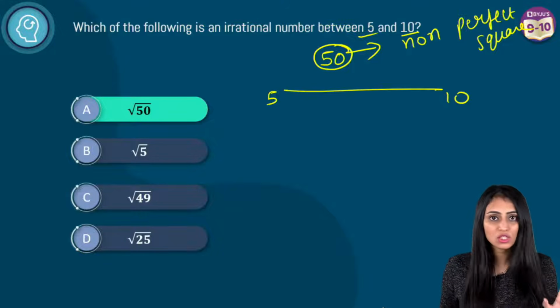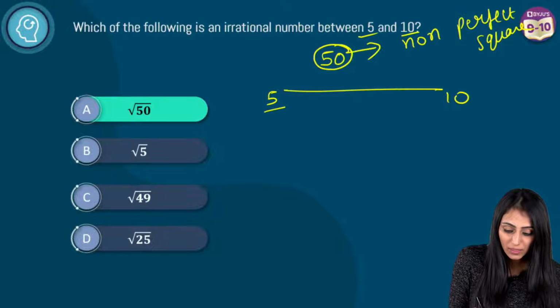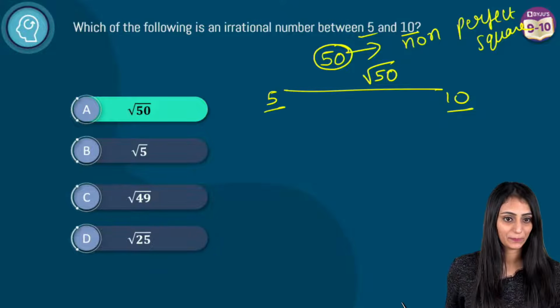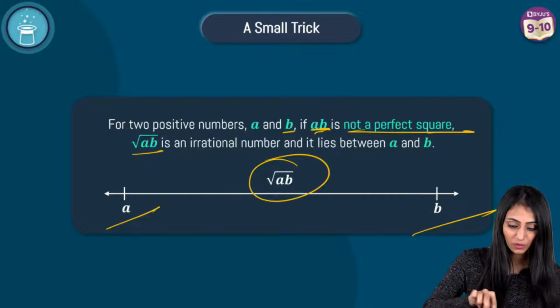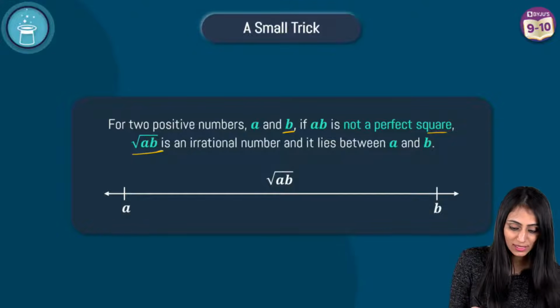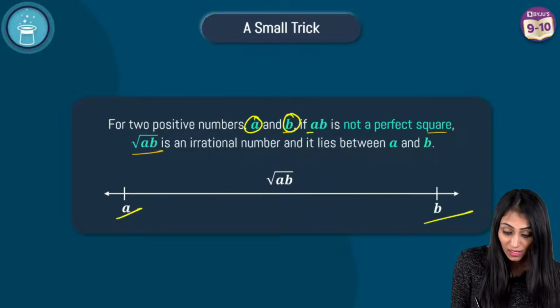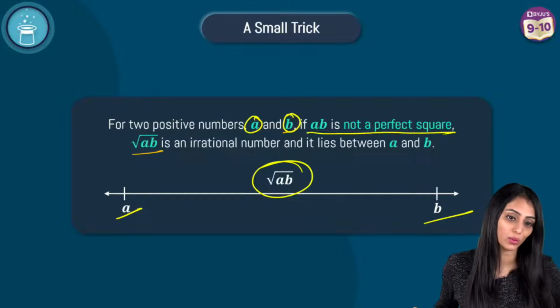So 50 is not a perfect square number. So when you come across such numbers, the irrational number between these two numbers would be the square root of 50. In the general form, between two positive numbers A and B, if I see that AB is not a perfect square, then the irrational number between them would be the square root of AB.